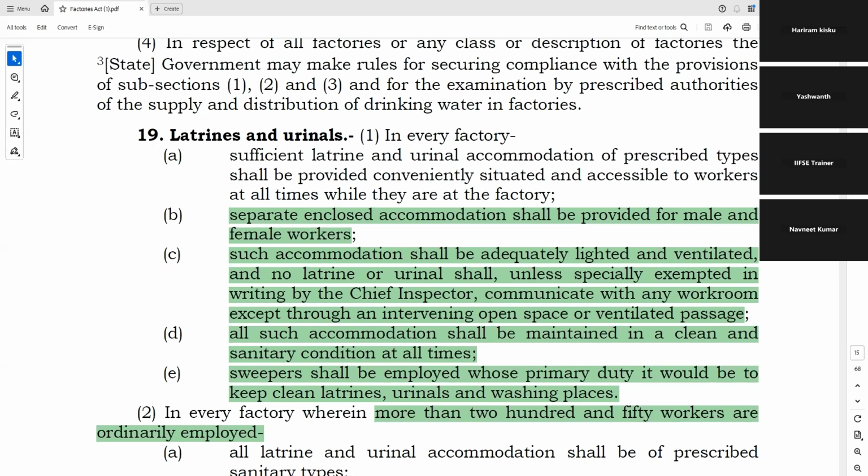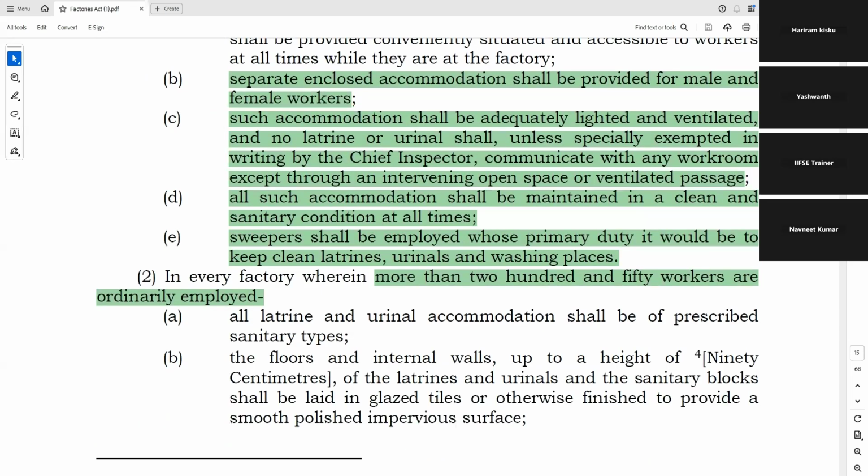Okay. Then in every factory where more than 250 workers are ordinarily employed, all latrine and urinal accommodation shall be of prescribed sanitary types. The floors and internal walls up to a height of 90 centimeters of the latrines, urinals and sanitary blocks shall be laid in glazed tiles or otherwise finished to provide a smooth, polished, impervious surface.